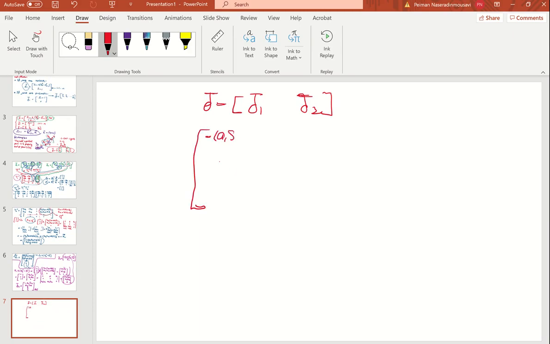So it's going to be minus A1 sine theta 1 plus A2 sine 1 2, A1 cosine theta 1 plus A2 cosine 1 2, 0, 0, 0, 1. And now minus A2 sine 1 2, A2 cosine 1 2, 0, 0, 0, 1.